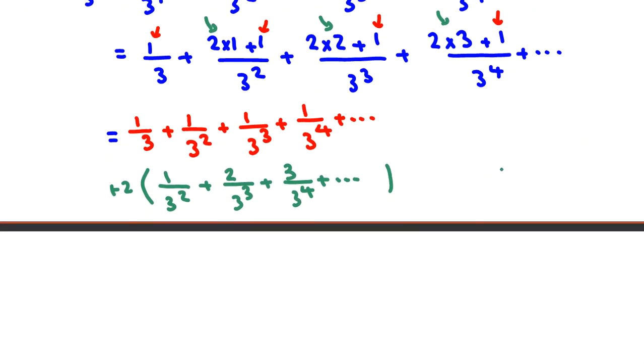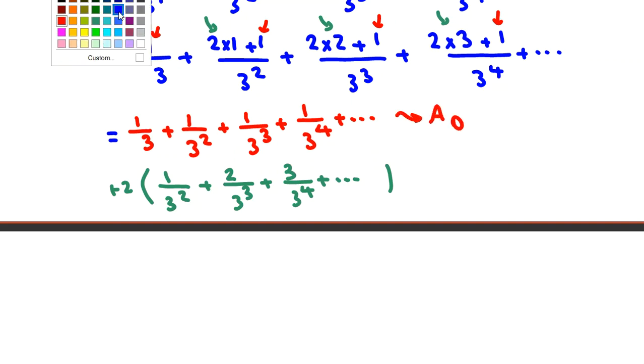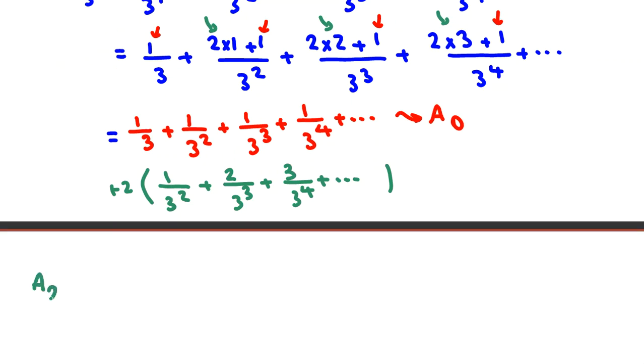So here I will understand the red part is what? The red part is exactly a0 by the definition. But the green part is what? We know for the green part, a1 was what? a1 is 1 over 3 to the 1 plus 2 over 3 squared plus 3 over 3 cubed plus 4 over 3 to the 4.